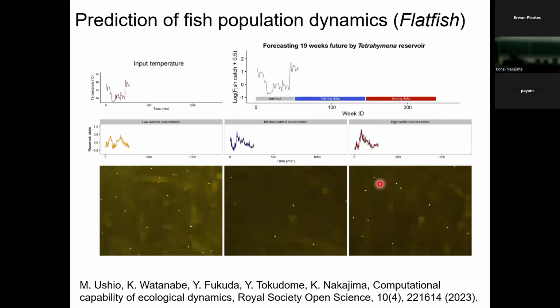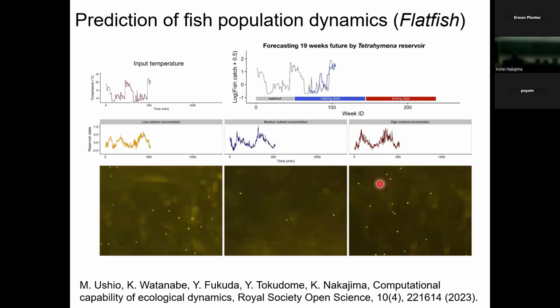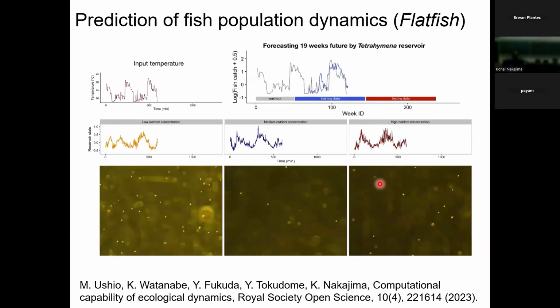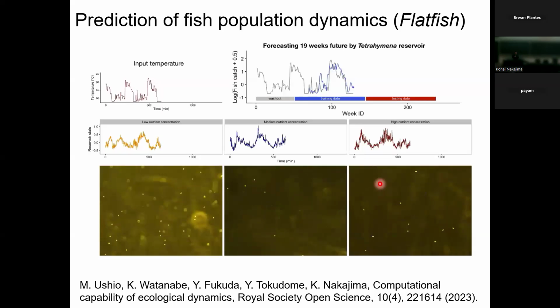Because this is a collaboration with ecologists, we have this kind of data. We injected this data into the tetrahymena reservoir and tried to predict the future population dynamics of the flat fish in that pond. We can do this kind of thing.